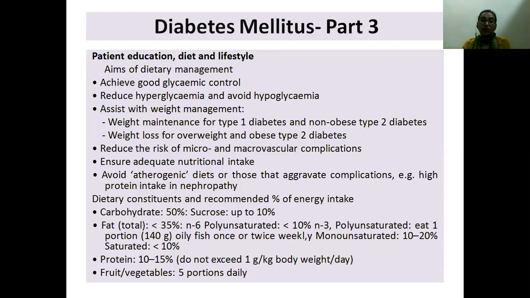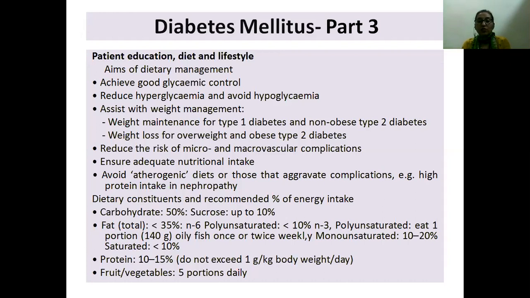Now, dietary constituents and recommended percentage of energy intake. Carbohydrate should be 50%, of which sucrose up to 10%. Total fat should be less than 35%; n-6 polyunsaturated should be less than 10%, and for n-3 polyunsaturated, 140 grams of oily fish once or twice weekly is sufficient.